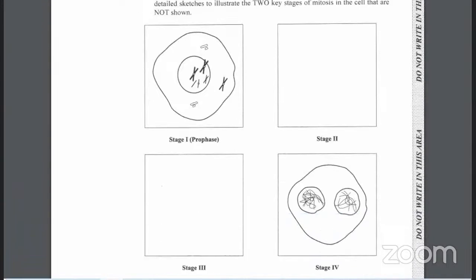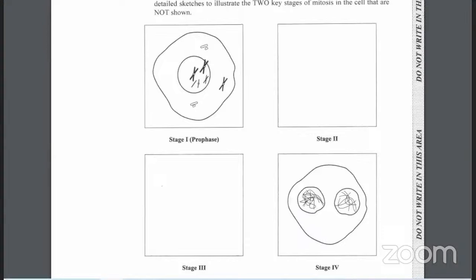So we know the 2 stages that are missing. Which 2 phases are missing? Metaphase and anaphase. Right. So you just draw the diagrams too. Let me make metaphase and anaphase.